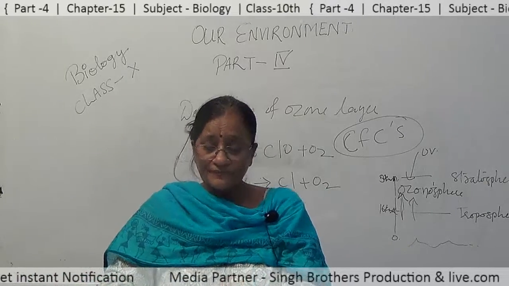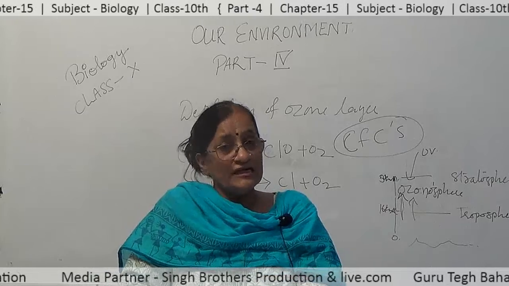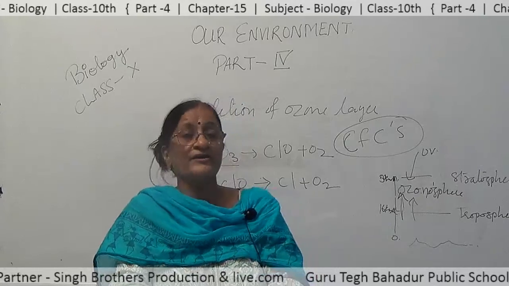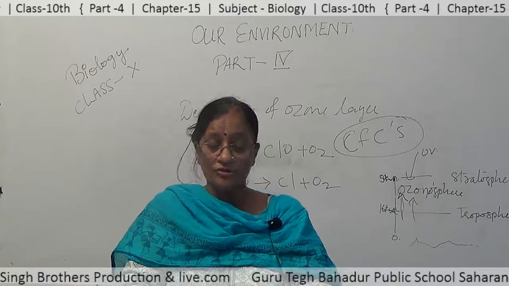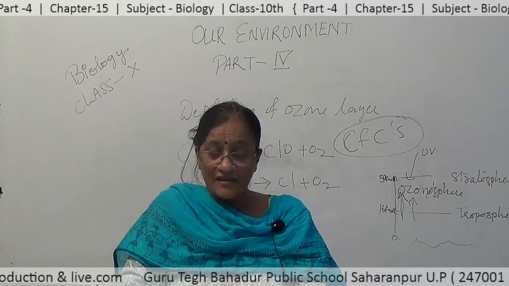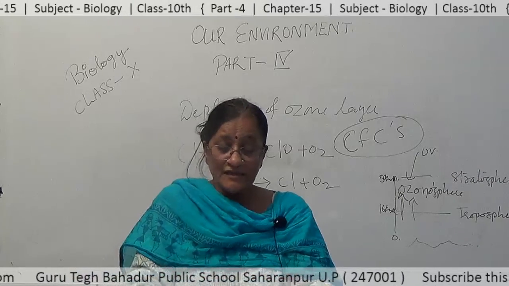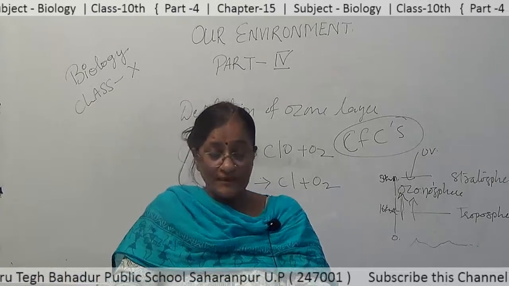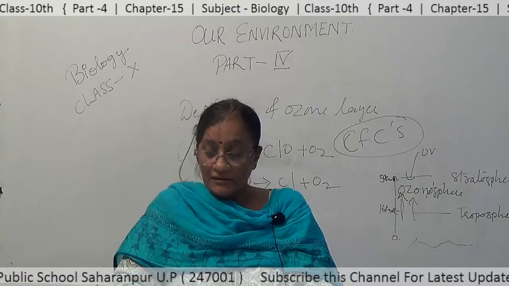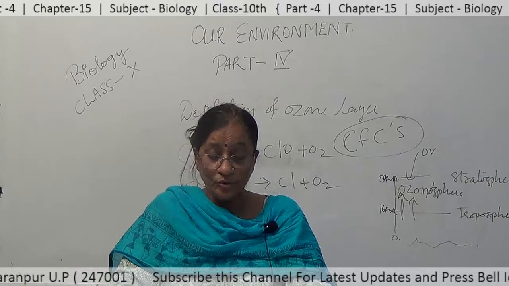So one atom of chlorine released from the CFCs can destroy hundreds of molecules of ozone, because chlorine acts as a catalyst and is not itself altered in the process. The result is that ozone is being broken down more quickly than it is forming, and hence some parts of the ozone layer are becoming thinner and holes are developing.